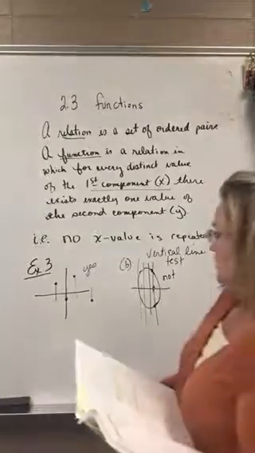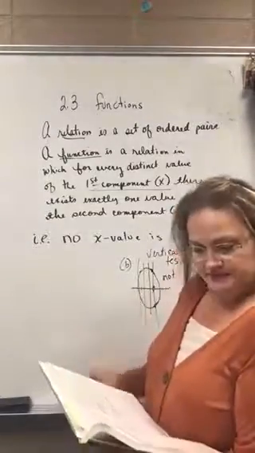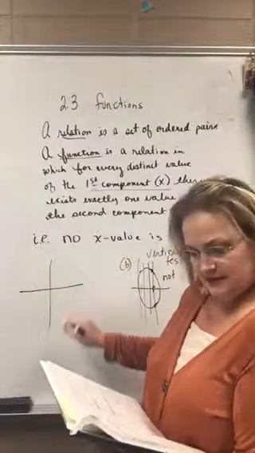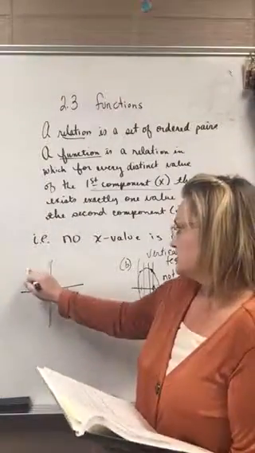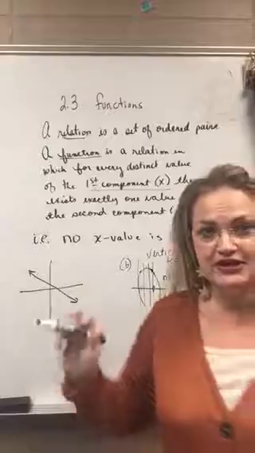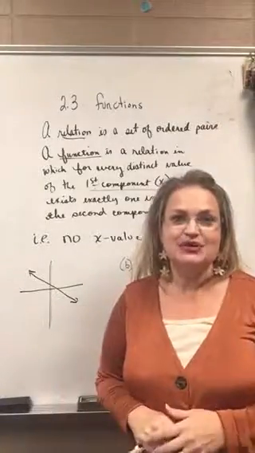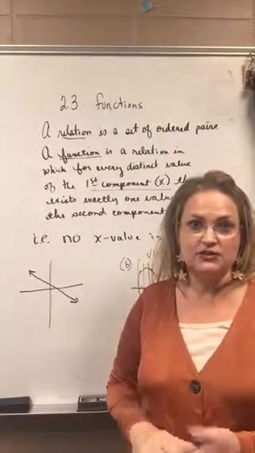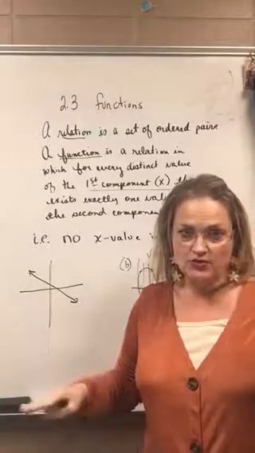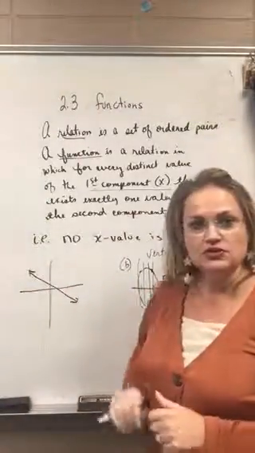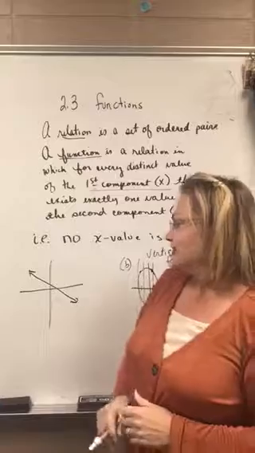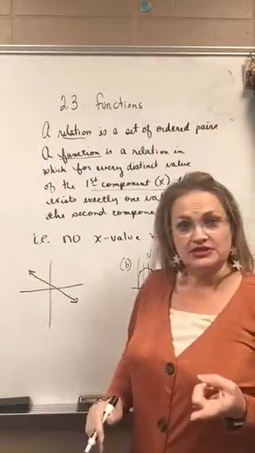All right, the next example, C, we have a line, a linear equation. Those are what I call the friendly line, because it's the easiest of our graphs to deal with. It's just one slope, no tricks or turns or twists in it, just a straight line. So these are always functions.